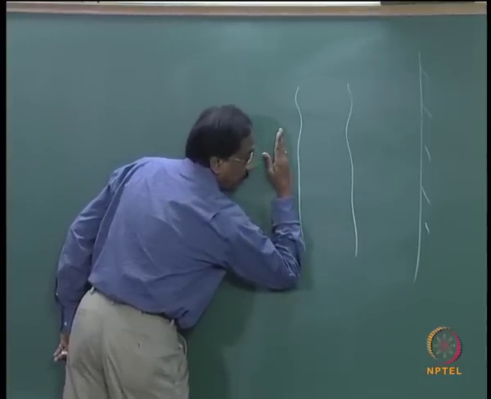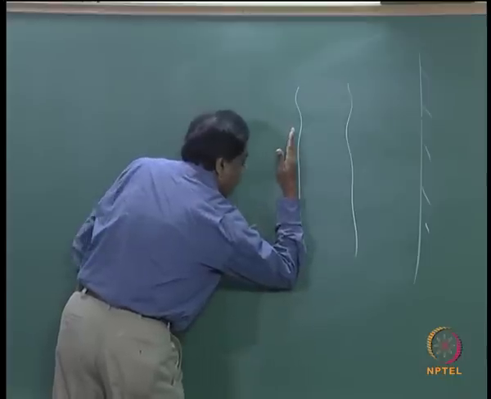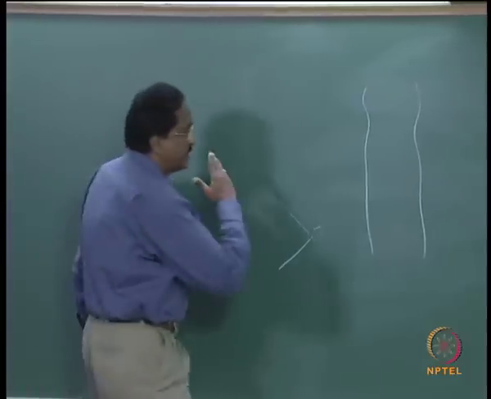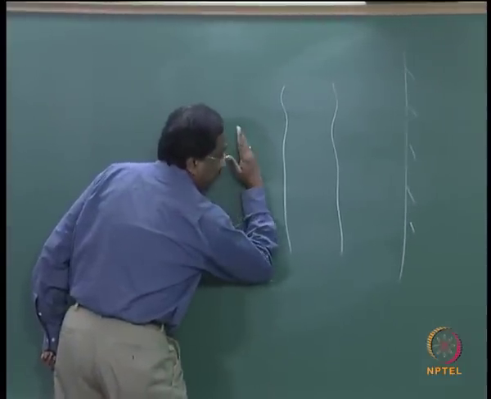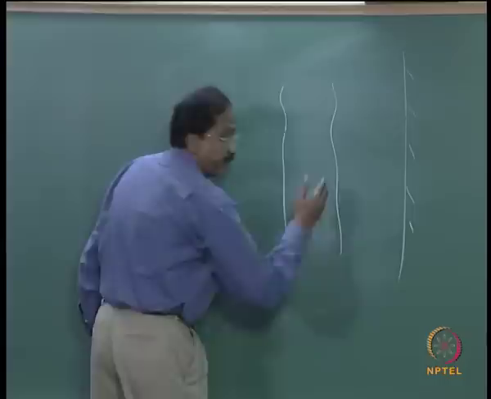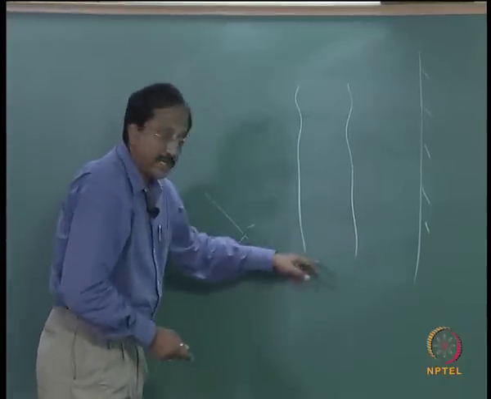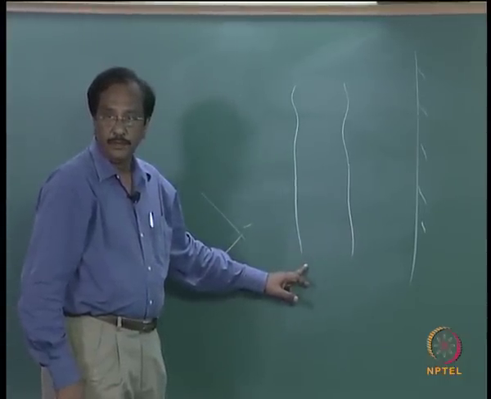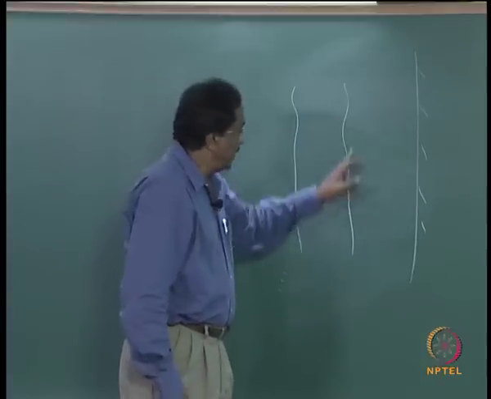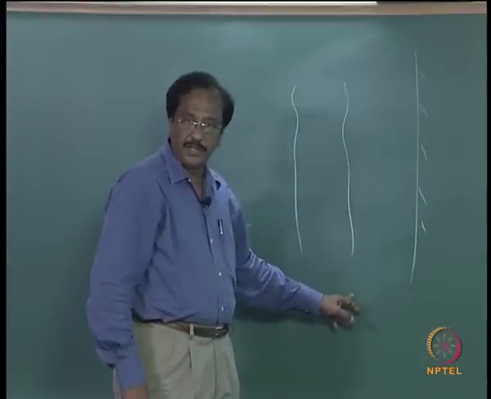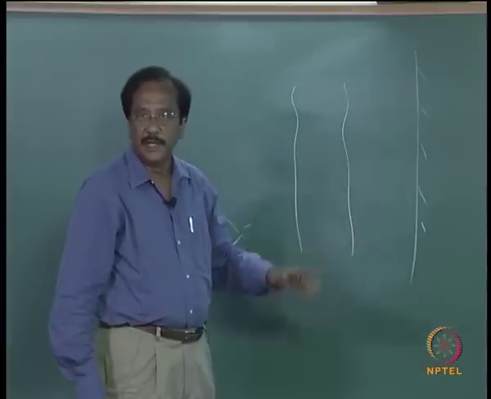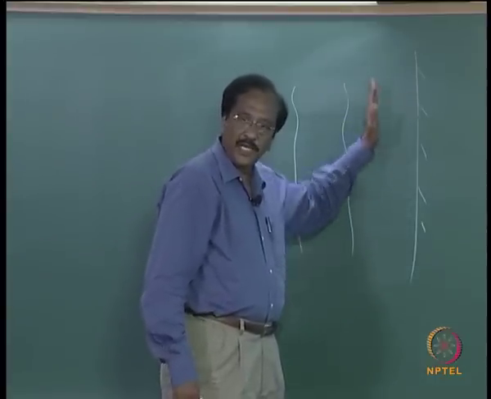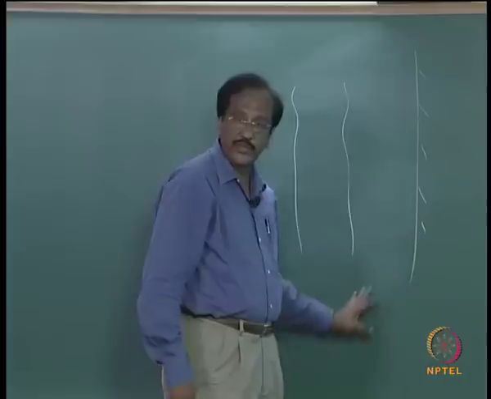You look at this portion of the hand. It is trying to align itself parallel to the bottom depth contours. These are all the seabed contours. Remember that the seabed contours are more or less parallel to the shoreline when it is close to the shore.